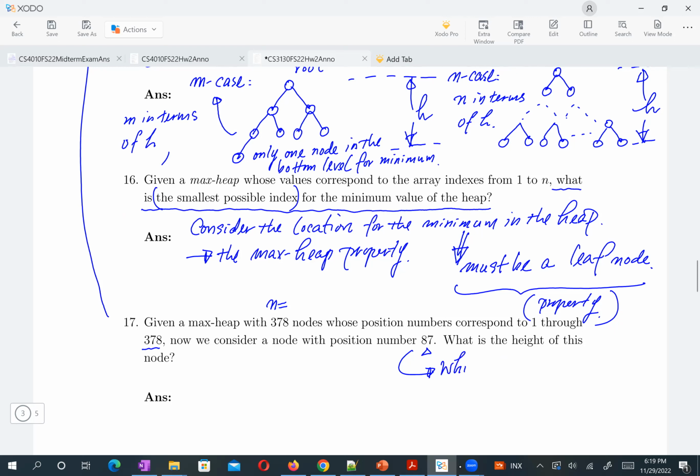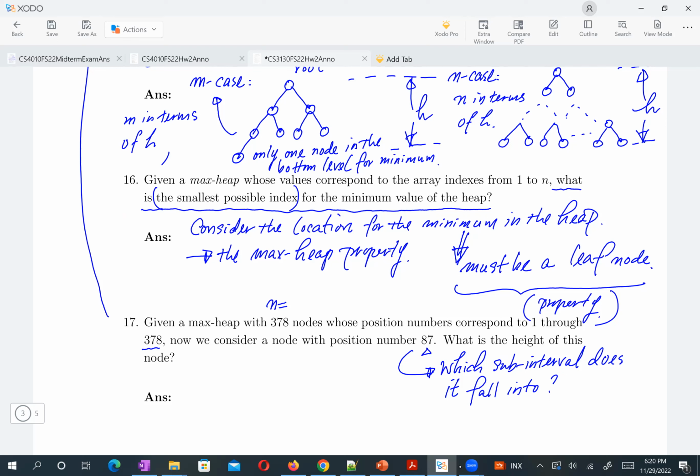which sub-interval does it fall into? Look at that. There must be one sub-interval that contains this position number.